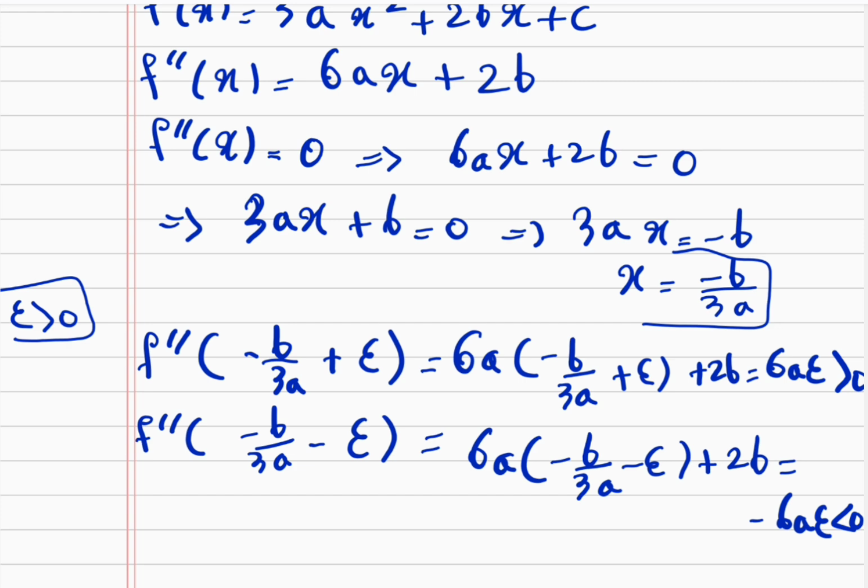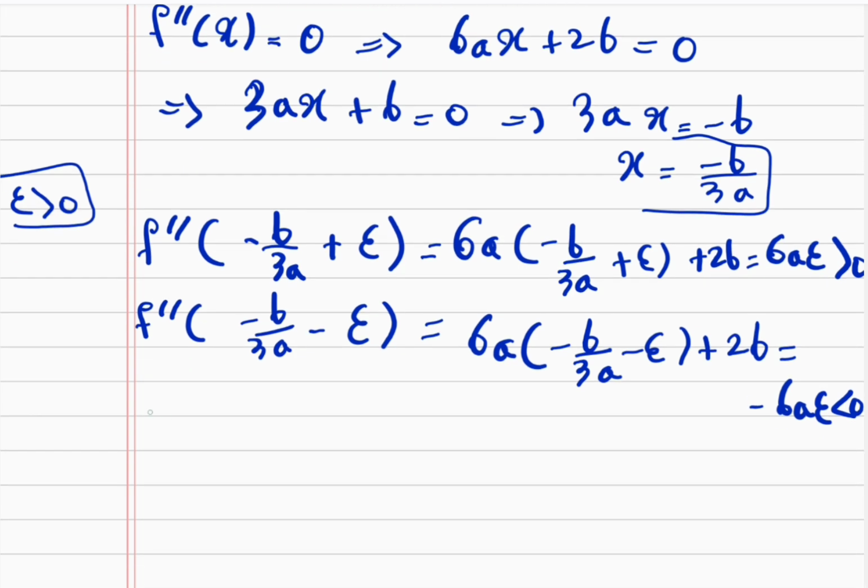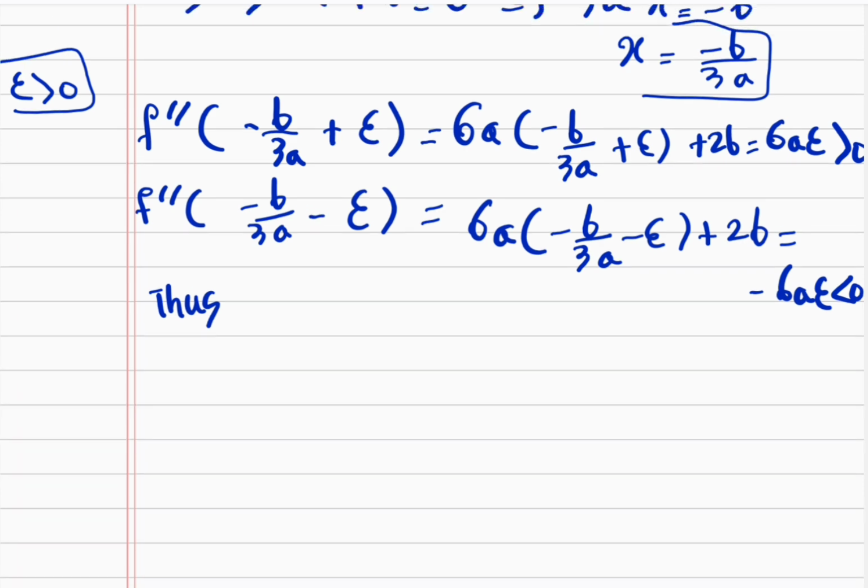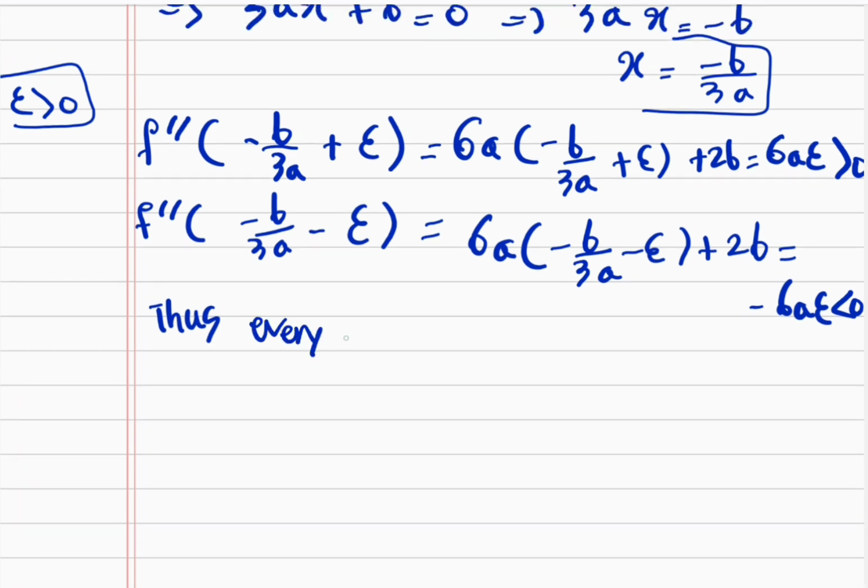So we check whether x equal to minus b over 3a is the x coordinate of the point of inflection, and that's indeed true, because when we checked the behavior of f double dash x just before and after x, we got values with opposite signs. Thus every cubic function has only one point of inflection.